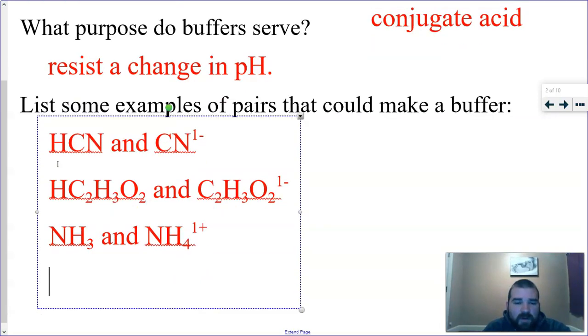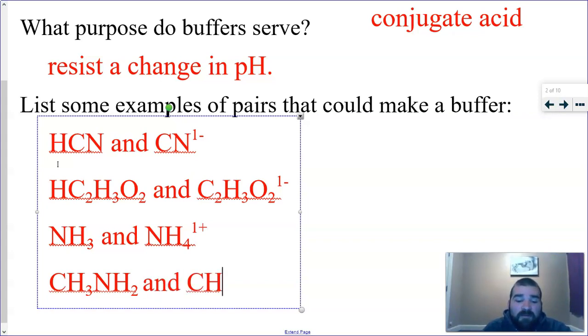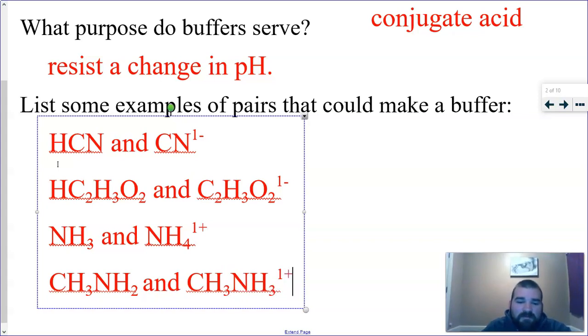Okay, that would totally work. Let's see. We could get one of those weird nitrogenous bases in, right? I could have methylamine, CH3NH2, and then its conjugate acid would be CH3NH3+.